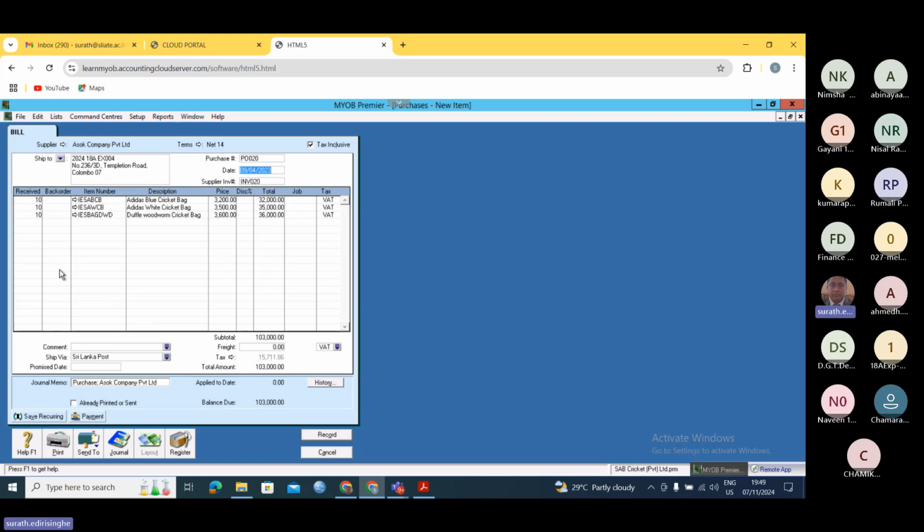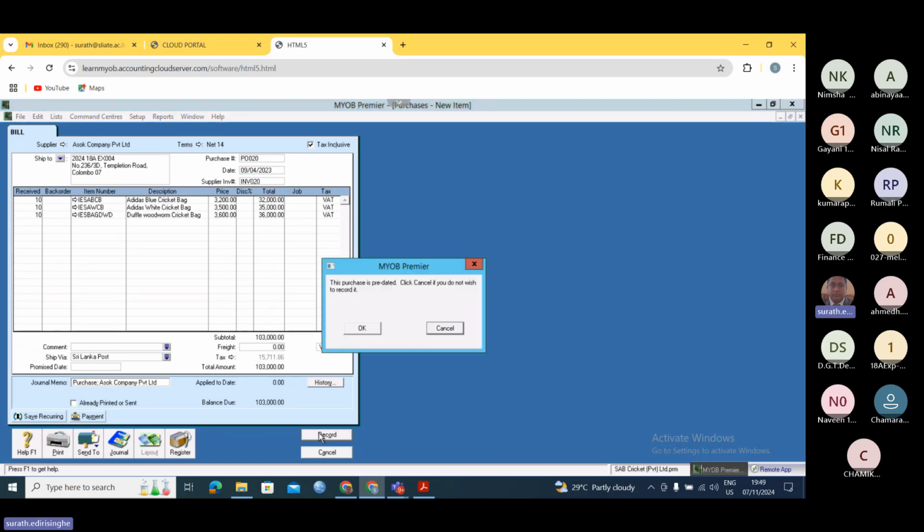In the first transaction, we will assume that there is no back order, total order received. Receive the total order. Click on here, record. Purchase period, okay.